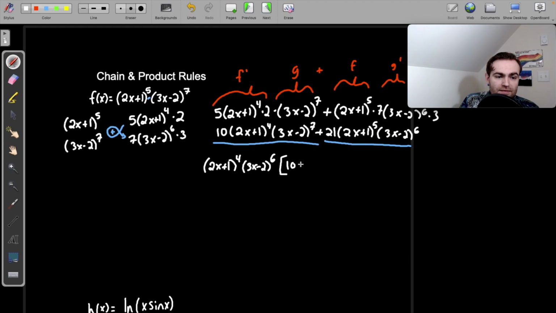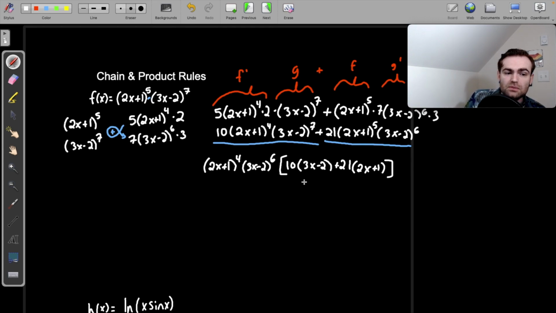And we're left with one of these. So 3x minus 2 plus the 21 would stay. We took out 4. We factored out 4 of the 2x plus 1s, so we're still left with one of those. And we took out all 6 of those, so there wouldn't be any left in here.